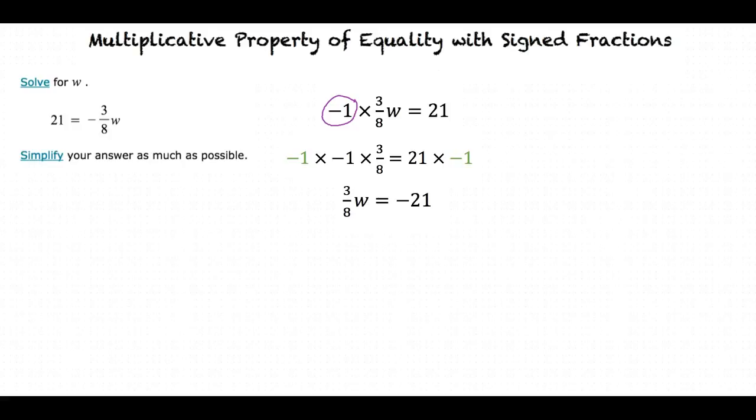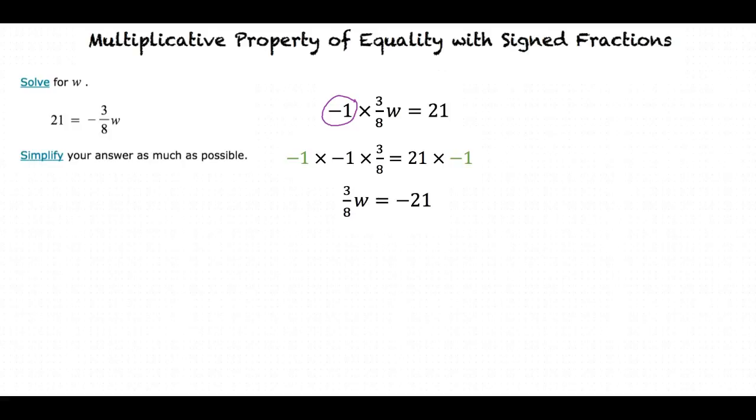Now that we've gotten rid of the negative, let's get the fraction away from our variable w by moving the fraction over to the other side. Oh, I see it now. This is where we'd use the multiplicative inverse, right? That's right. The multiplicative inverse of a fraction switches the numerator and the denominator. So, in this instance, we have to switch the 3 and the 8.